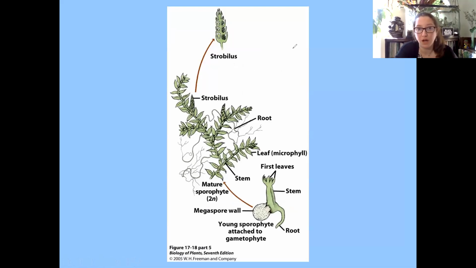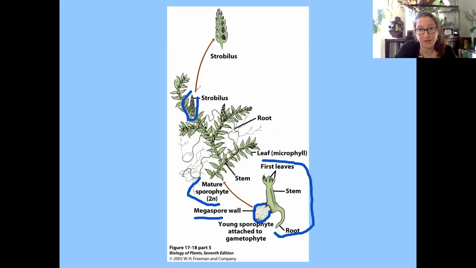I'll use blue. Okay, here is the megaspore wall. What did the megaspore have inside of it? A female gametophyte plant. And she had an egg, which has apparently already been fertilized, because now we see the young sporophyte plant already emerging. Eventually, the sporophyte plant will be mature and the gametophyte plant won't be attached to it anymore.